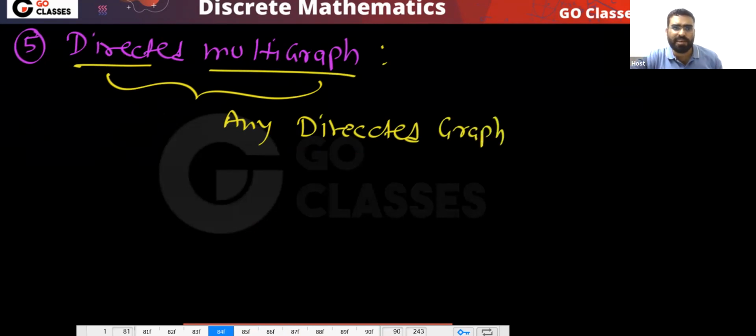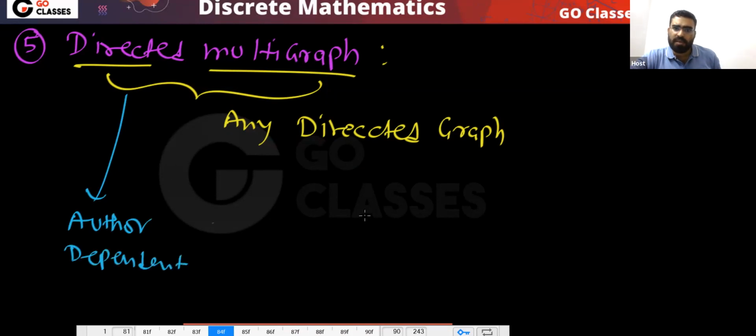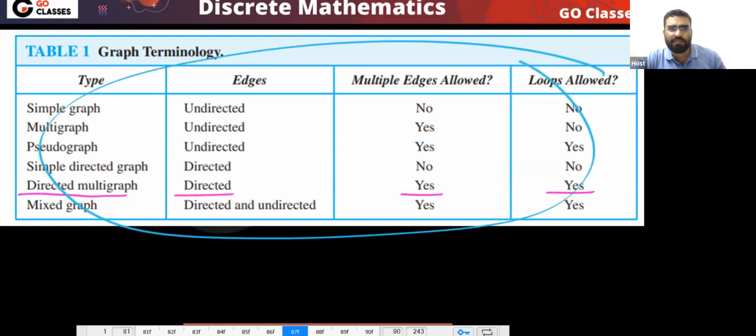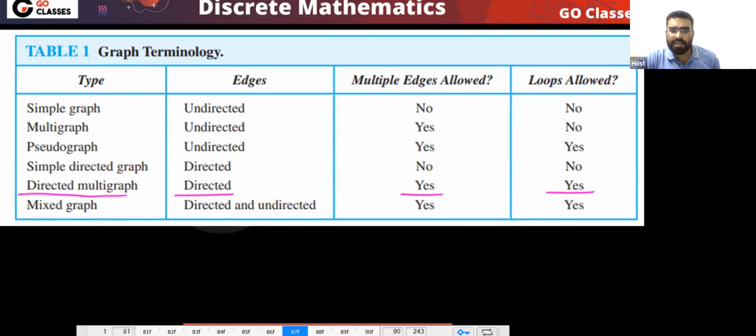In the GATE exam, they will give you the definition, because this definition is author dependent. So you don't have to worry. Just follow the definition that I am giving you, because the definitions we are using are from standard resources, for example Kenneth Rosen.